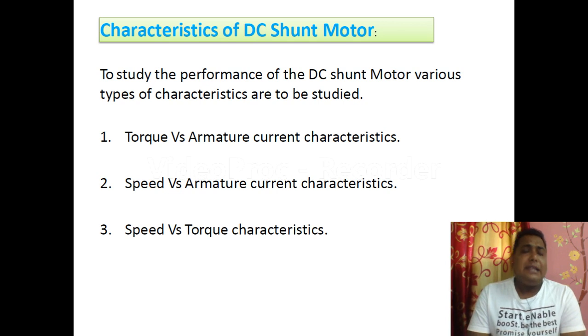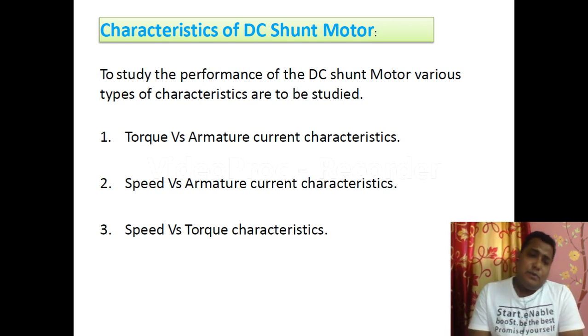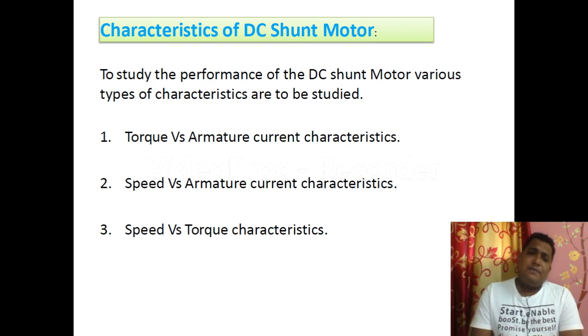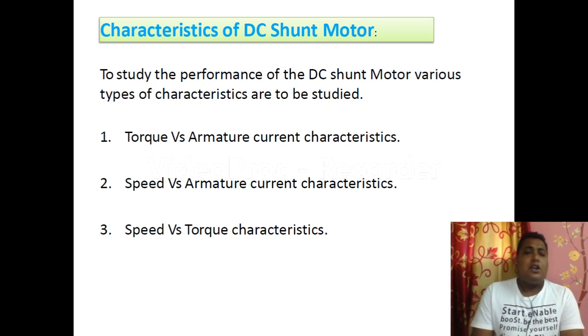To study the performance of a DC shunt motor, various types of characteristics are to be studied. In all kinds of motors, we are going to see these three characteristics: torque versus armature current, speed versus armature current, and speed versus torque.